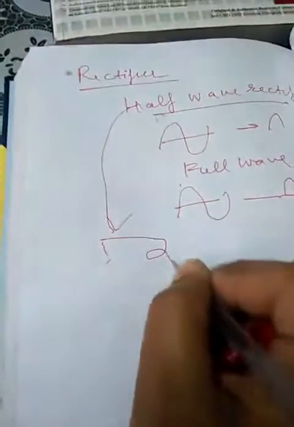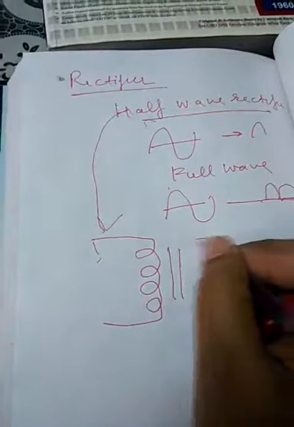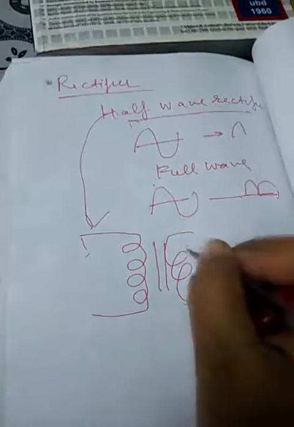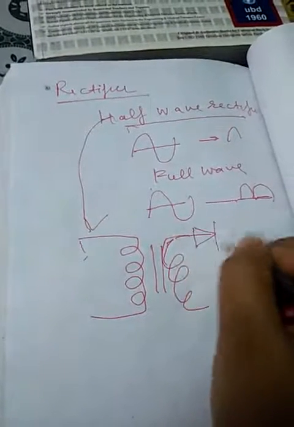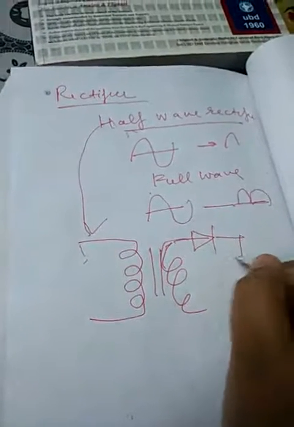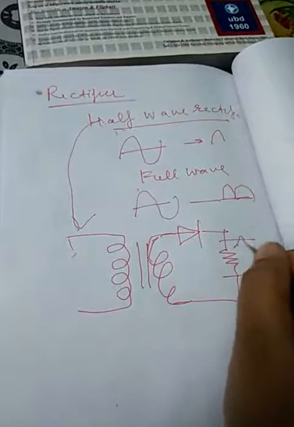Now let us discuss the diagram for the half wave rectifier. How does a half wave rectifier look? Let us start with this one. We have the coils of the transformer, then we apply a diode, and then there is a load resistance from where we can measure the output, V output.